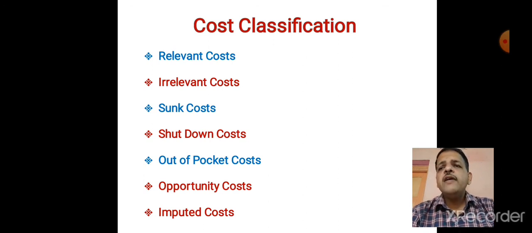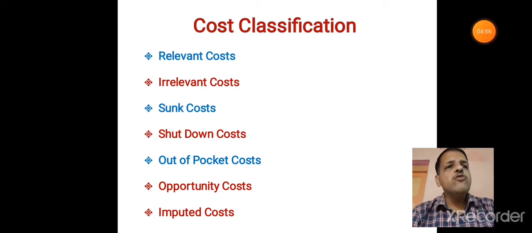For example, if we shut down our plant, we have to pay the rent of that particular building where the plant was located. We have to calculate depreciation on that building. We have to pay insurance of that building. Even if our plant is shut down, production is not running, such expenses we have to make. In spite of shutting down our work, we are paying such expenses, so they are called shutdown costs.